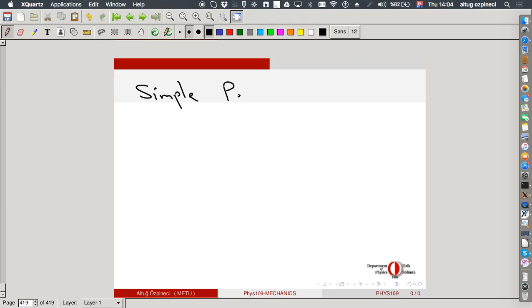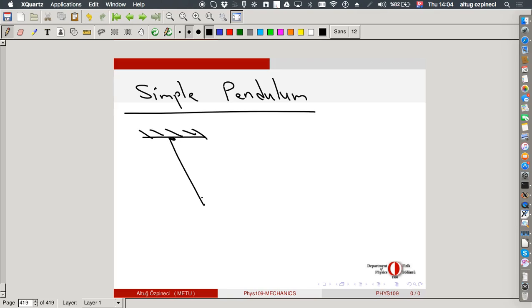Now, what we call a simple pendulum is we have a mass attached at the end of a massless string. Now, the treatment is identically the same. The only difference is the moment of inertia.